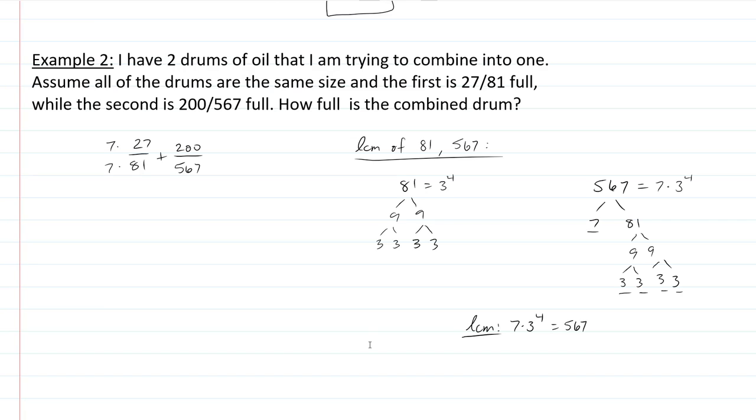So 7 times 27 is 189 over 567 plus 200 over 567. And when we add these together, we just get 389 over 567 as our final answer. So our combined drum of oil is 389 over 567 full.